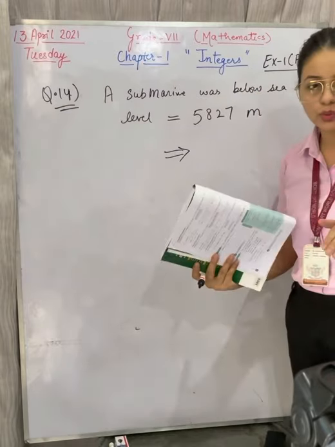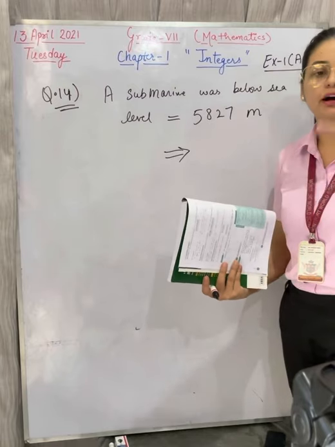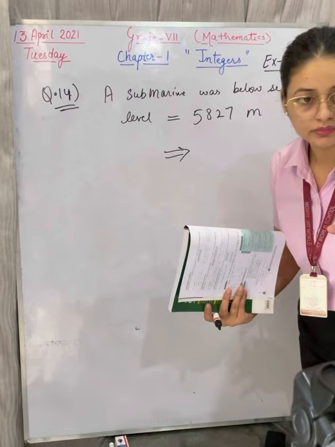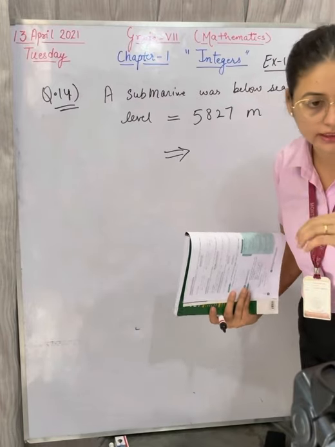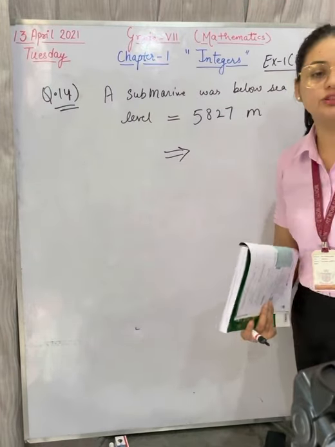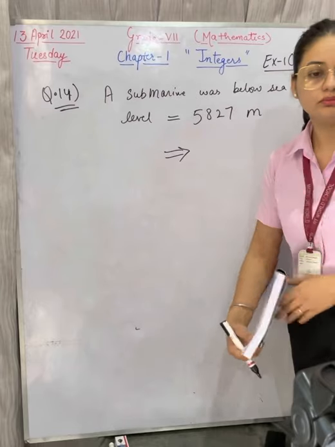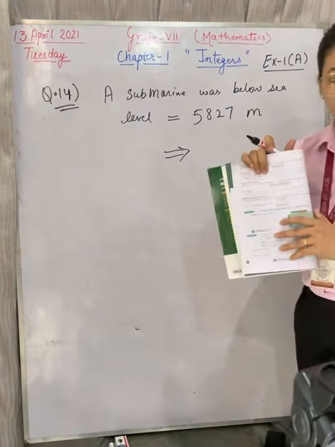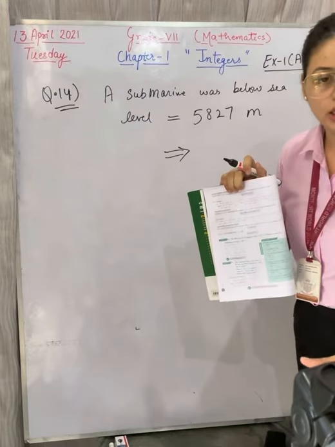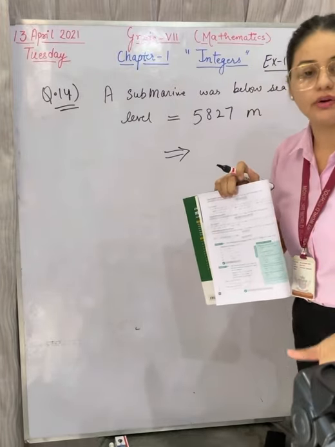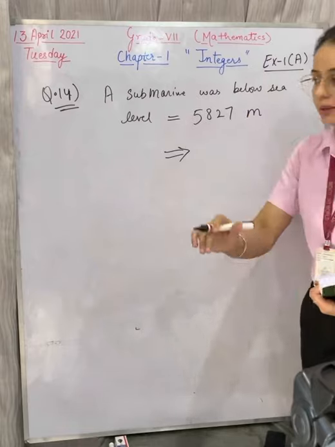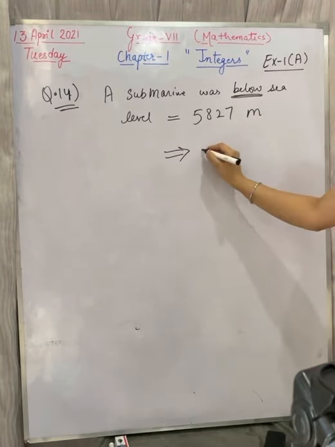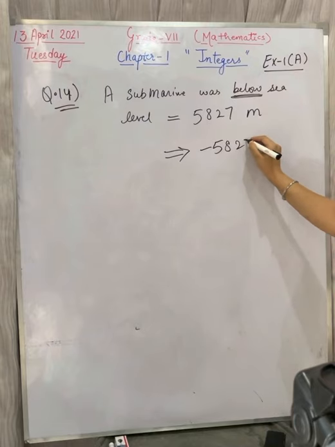When something is given that it is above the sea level, then that value always comes in positive. Akshara, your camera is not adjusted properly. Adjust your camera quickly. If something is given that it is below the sea level or below the ground level or anywhere, it means that value is always negative.